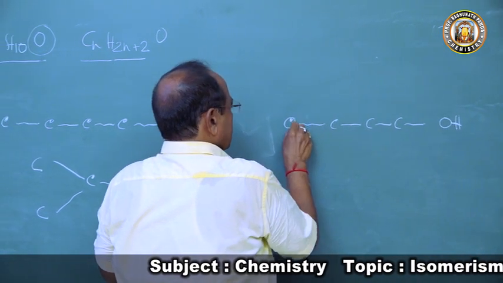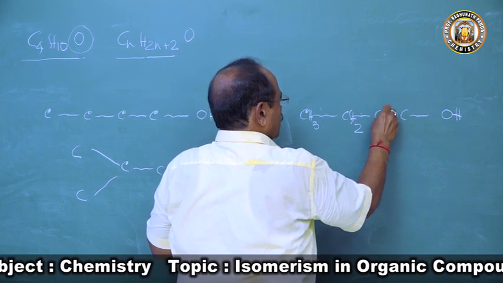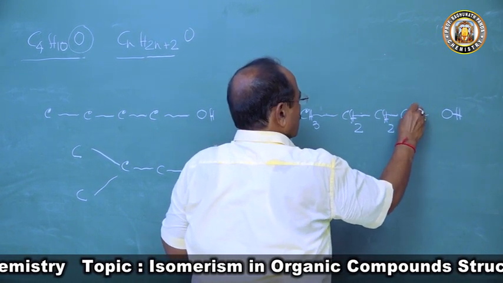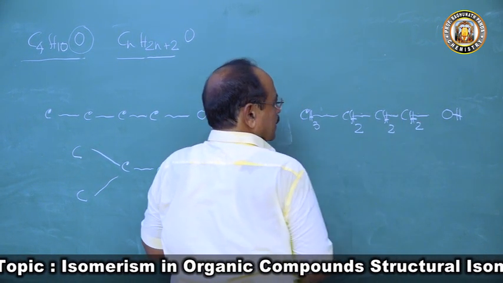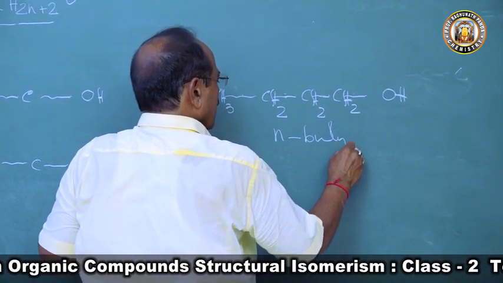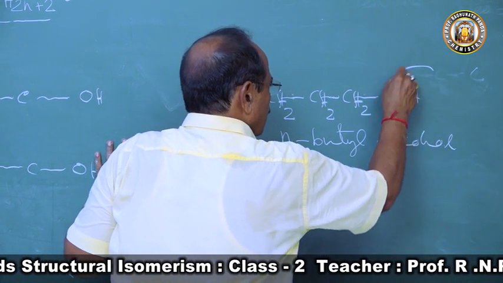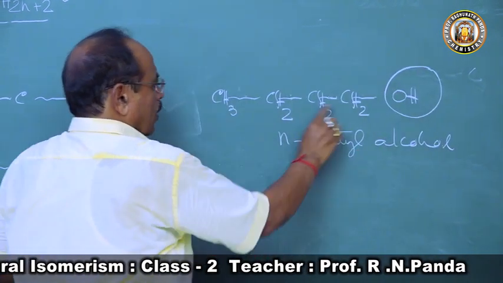So one gone, CH3. Here 1, 2 gone, CH2. So this is n-butyl alcohol. The common name is n-butyl alcohol because there is an OH group, it is alcohol, and all the carbon atoms in a normal chain.